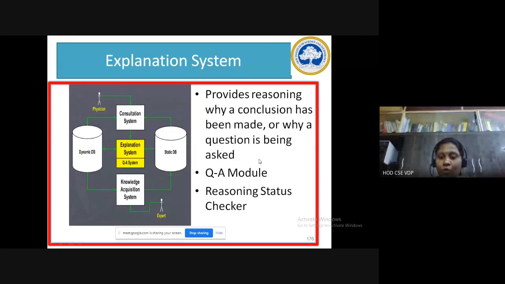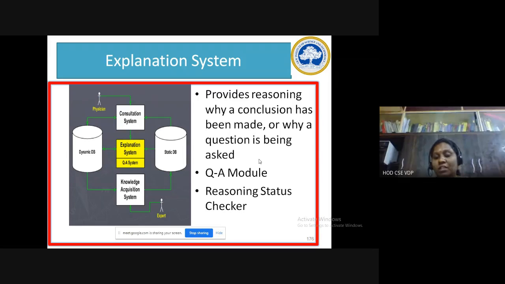So the QA module is where you can ask the expert system, why are you saying that I have malaria? Why can't it be some other disease? Because apart from shivering and vomiting, I also have something like a severe migraine. So it can be something else also.